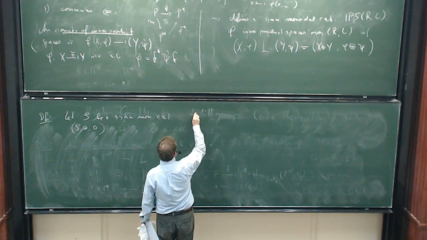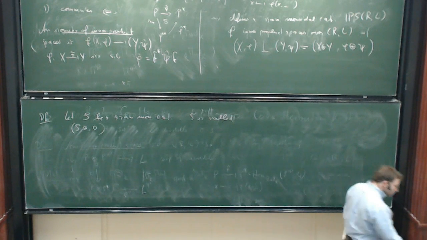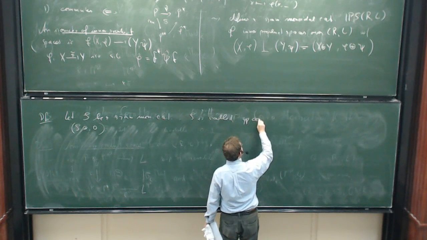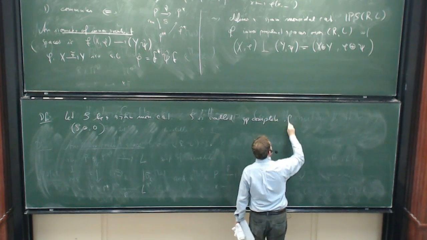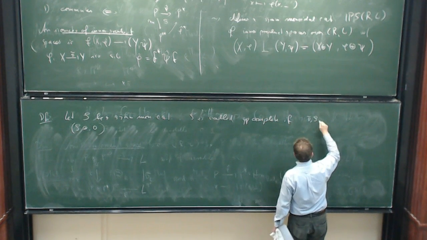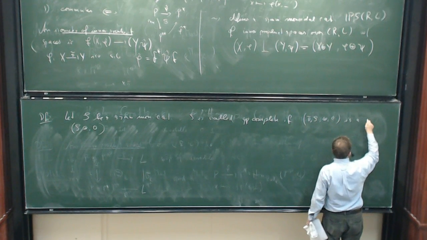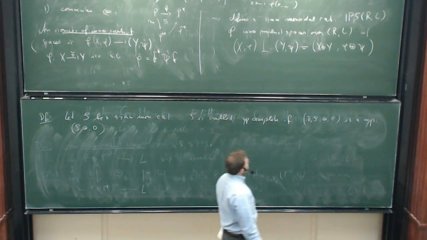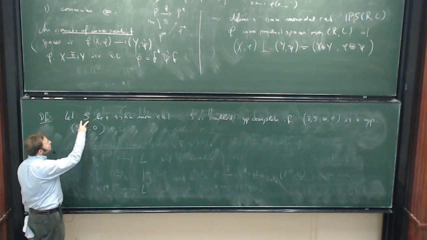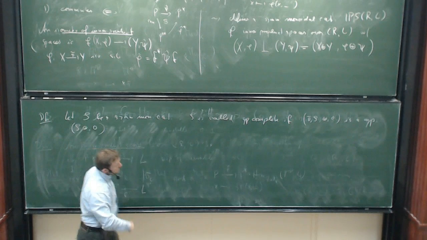S is called group complete if pi naught of S is a group, where pi naught is, well, you take the nerve and the topological realization of the category, and then you get an H-space.